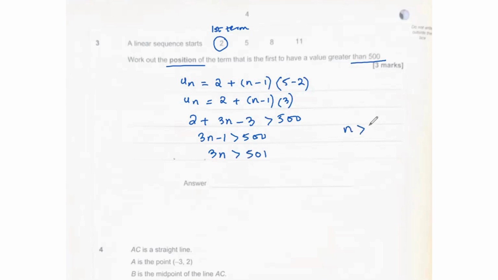So n is greater than 501 over 3, which gives us a value of 167. So n is greater than 167, so that's 168. That is n. It says to work out the position of the term that is the first to have a value greater than 500. So the first number after 167 is going to be 168. That's your answer.